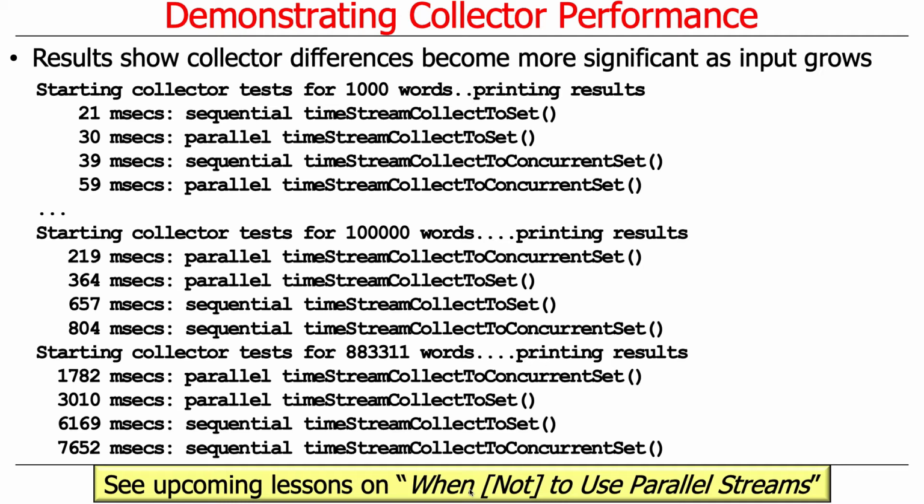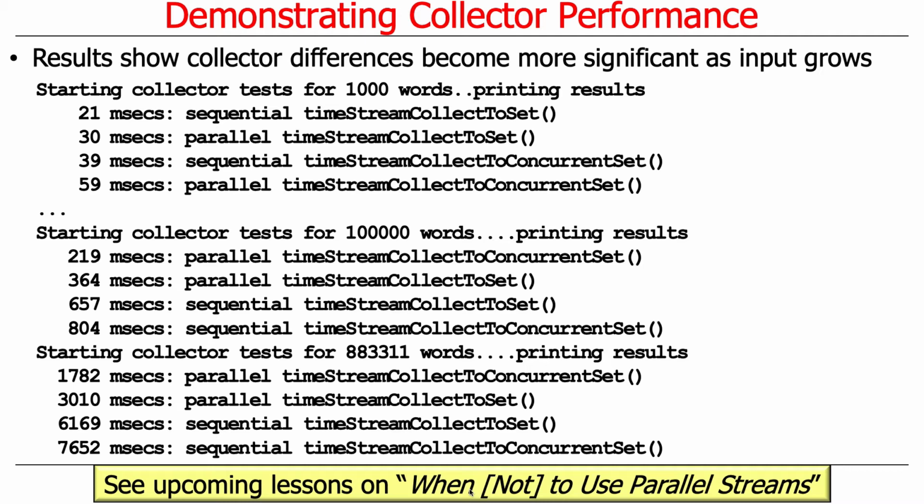When we get down to the large number of elements to process, you'll see that both of the parallel versions perform substantially better than both of the sequential versions. You'll also notice that the one that uses the concurrent collector performs much better than the one that uses the non-concurrent collector.